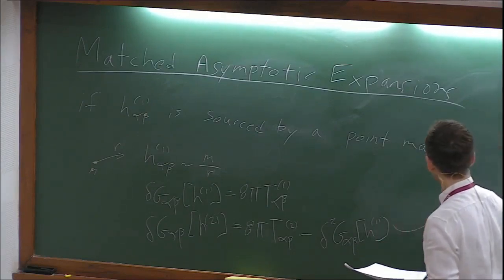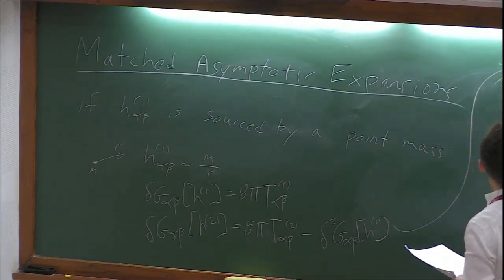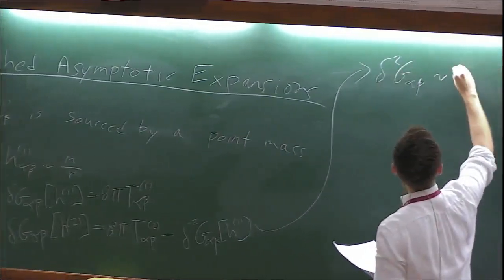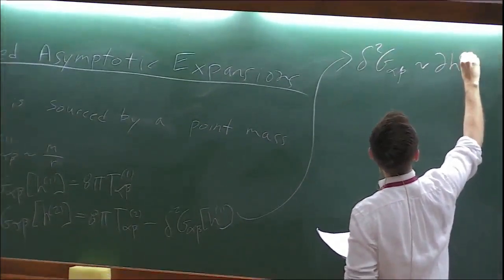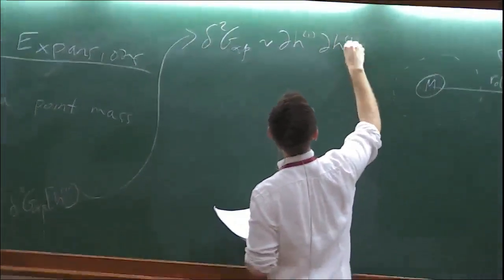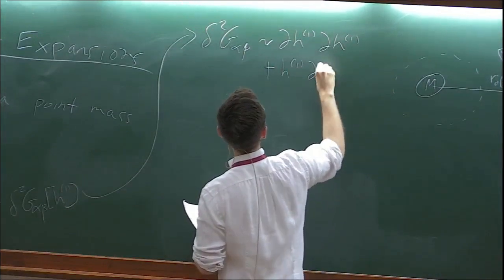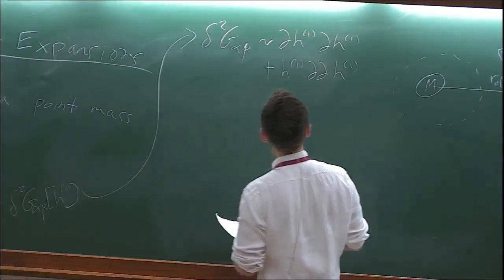Remember, the structure of this quantity was like a derivative of H1 times a derivative of H1 plus H1 times two derivatives of H1. That was the general structure.